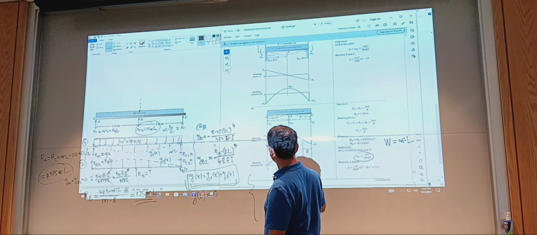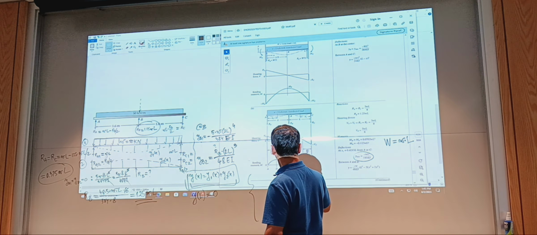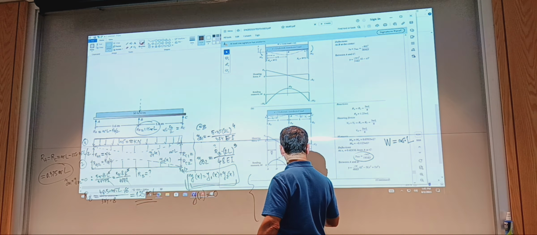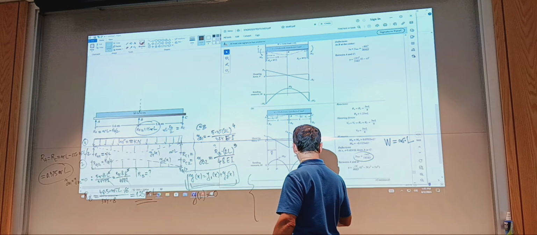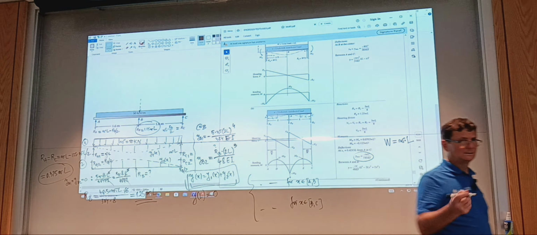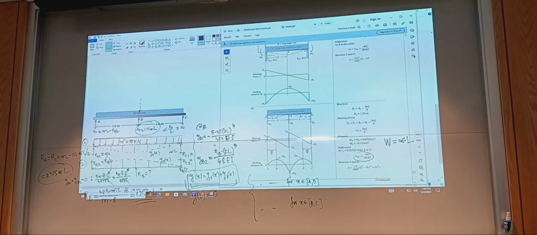You often see x going between A and B, and then x going between B and C, to have different forms. But otherwise, we could handle some of the statically indeterminate cases using principle of superposition.